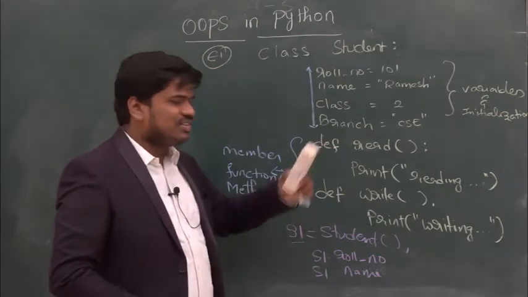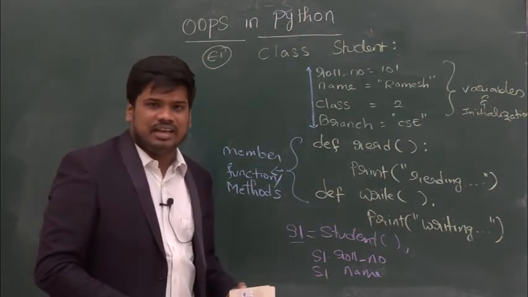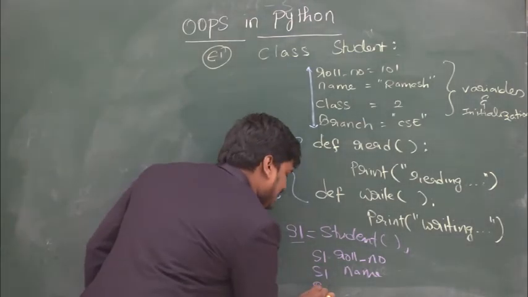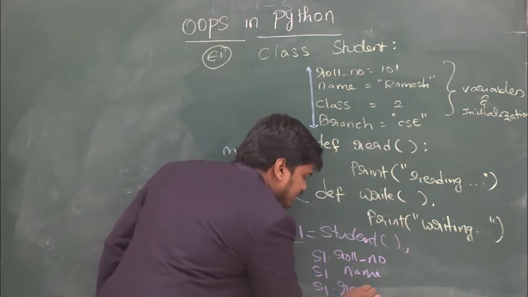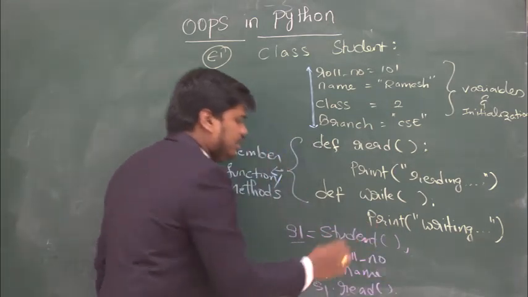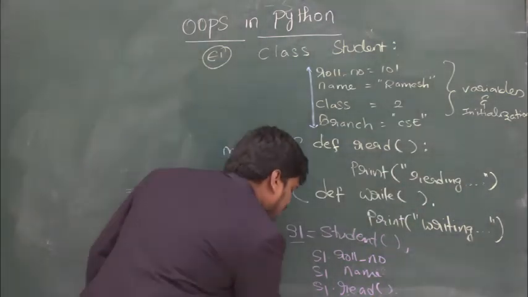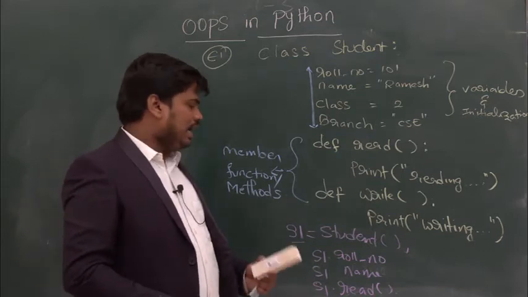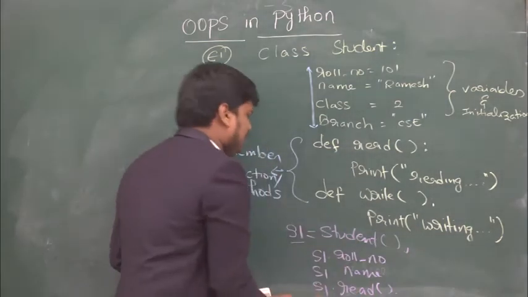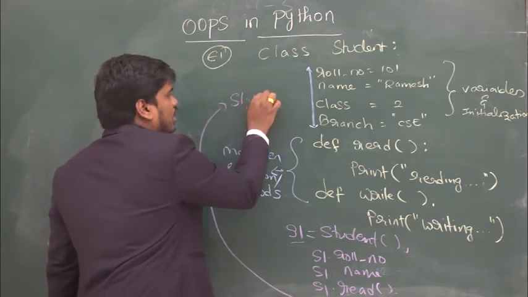If I want to access the methods, I have to use the object as a reference. The object name is s1, the name of my method is read, s1.read, so it will give me the answer reading. If I want to access the write method, then I have to write s1.write.